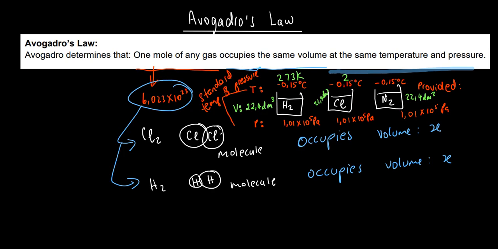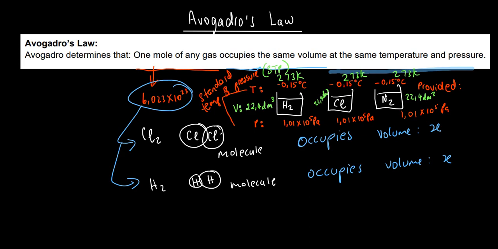So if the temperature is 273 kelvins and the pressure is that, then the volume that 1 mole of those gases is going to occupy is 22.4 decimeter cubed. Therefore, that standard temperature and pressure is what we call STP. Okay, so at STP, that is what is happening.